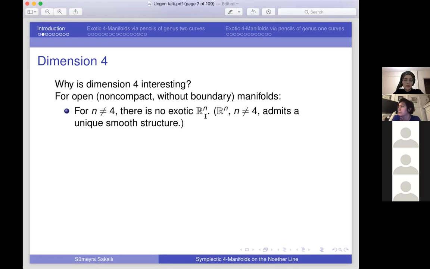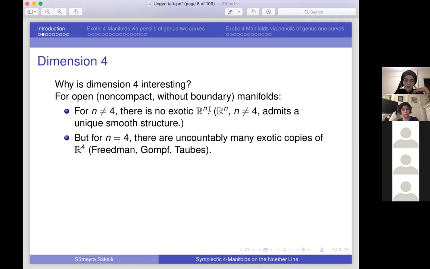If the dimension is different from 4, then there is no exotic R^n, the n-dimensional real vector space, which is also an open manifold. If the dimension is different from 4, each R^n admits a unique smooth structure up to isotopy. So in other dimensions, there is no such thing as exoticness.